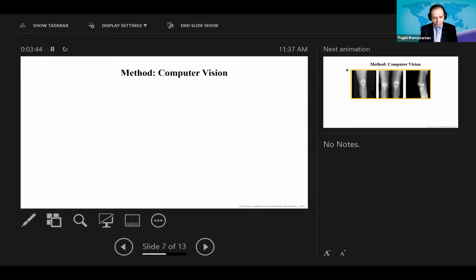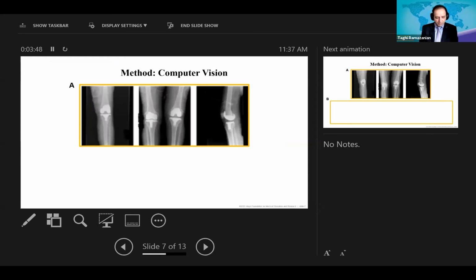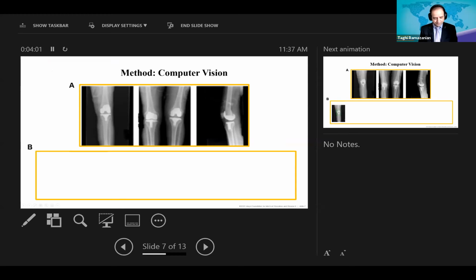So I'll start with the computer vision model that we used on knee x-rays. In the upper part of this slide, figure A shows some examples of x-rays with knee implants, front views and side views. And the lower part of the slide shows an outline of the computer vision model and its pipeline.